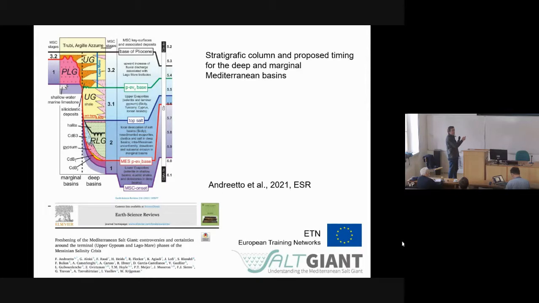Then comes the halite, probably coeval with drawdown, and you see some discontinuities, some discordances within these different layers. And then the upper gypsum comes, and the upper gypsum is interpreted as re-sedimented or diluted from the margins, from the primary gypsum deposited initially, this one here, in the margins, and transported to the deeper parts of the basin and redeposited there.